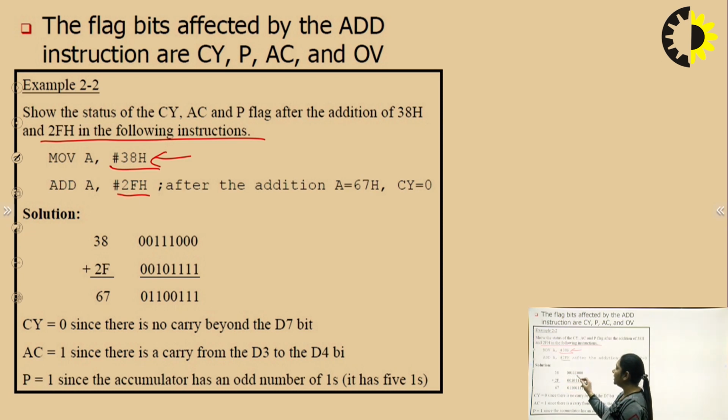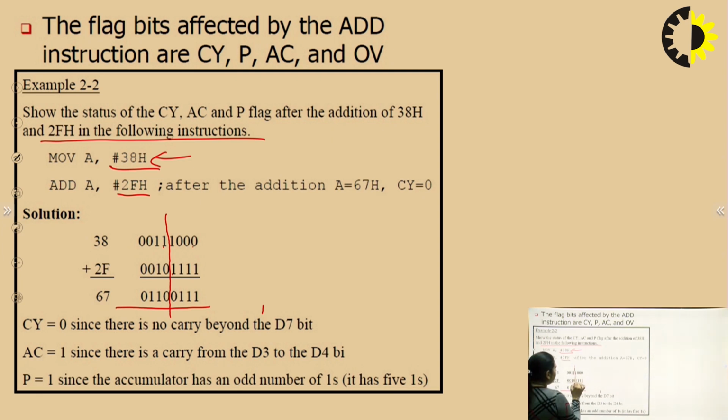So 38H can be written in binary as 0011 1000 and 2FH is 0010 1111. If we add these numbers and look at the values here, it is 1 and 1.